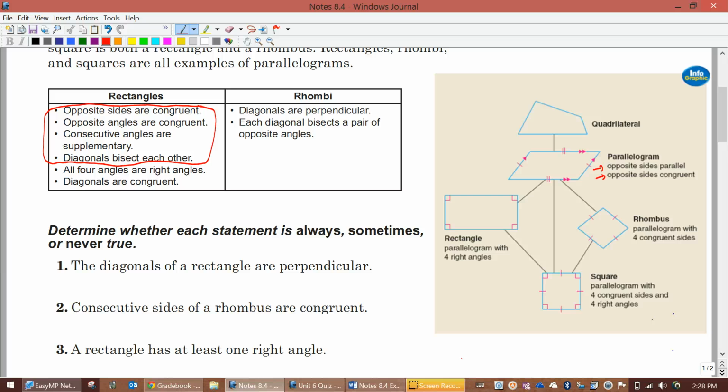Are all 4 of those true for rhombi, which is plural for rhombus? If those that I circled are true for a parallelogram, they are automatically true for a rhombus. Any questions on that?